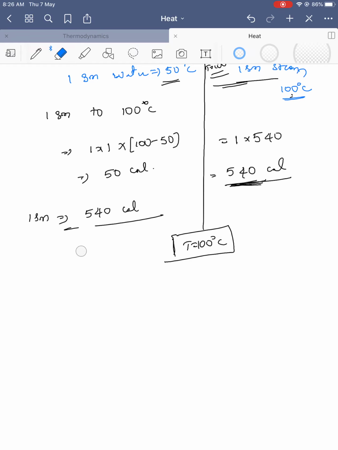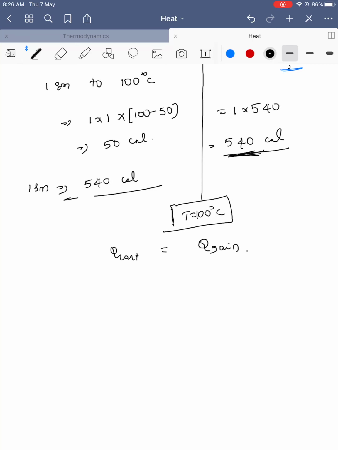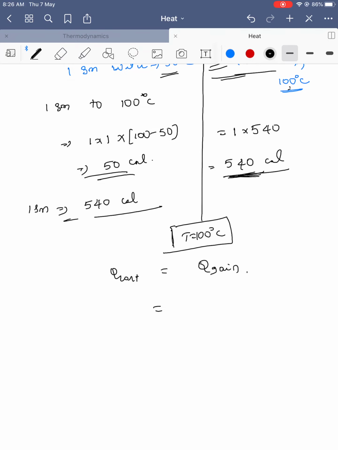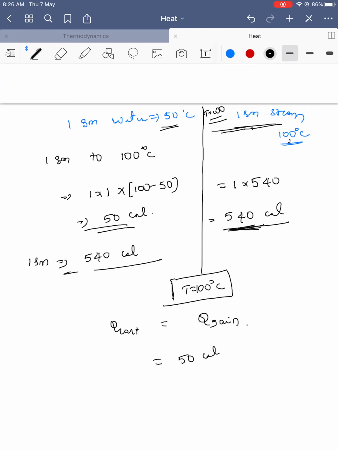So let's write Q lost is equal to Q gain. Who lost the energy? The steam. Who is gaining energy? Our water is gaining energy. How much energy did it gain? So m into L, it gained 50 calories. To get 50 calories, the entire steam need not be condensed.